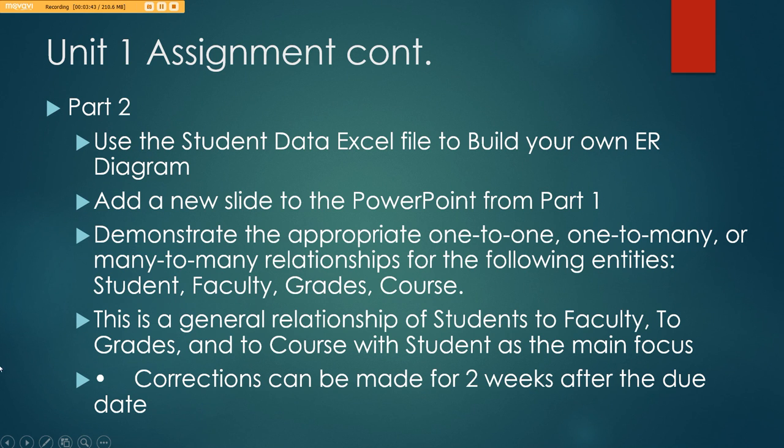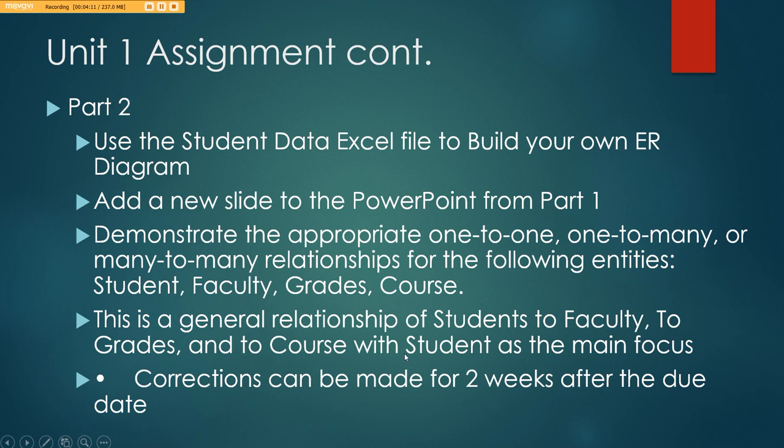So then for Part 2, you're going to download the Excel data sheet and build your own ER diagram. You can just add a new slide to the PowerPoint from Part 1. Demonstrate the appropriate one-to-one, one-to-many, or many-to-many relationships with the following: student, faculty, course, grades.